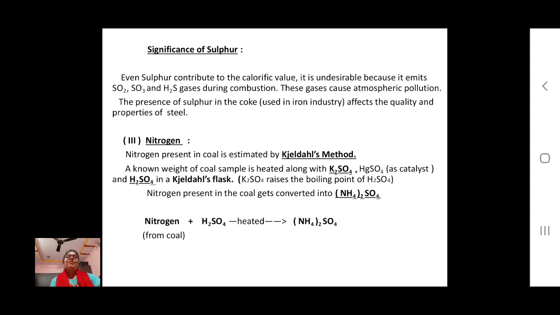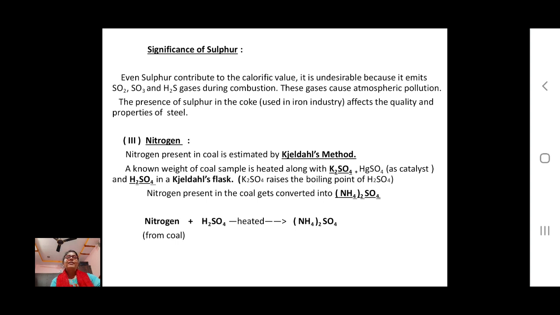So the presence of sulfur is not desirable in coal. Definitely it should be in very small quantity in the coal. That's why only then the coal is of greater quality. The presence of sulfur in the coal, which is coke, used in the iron industry, affects the quality and properties of steel. So the lesser the sulfur content in coal, the better is the coal.